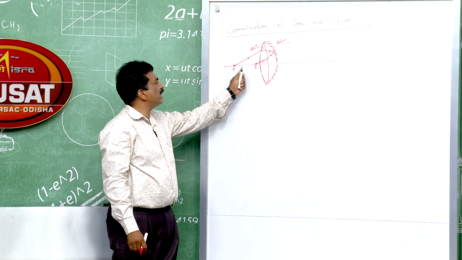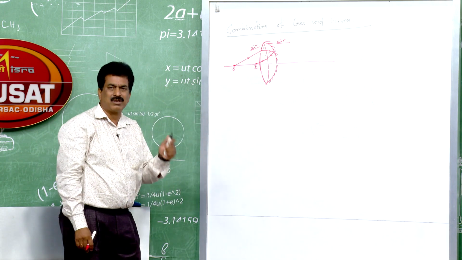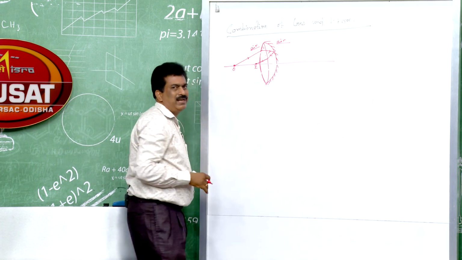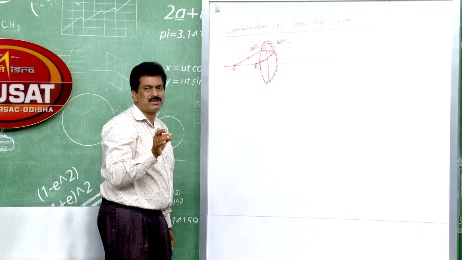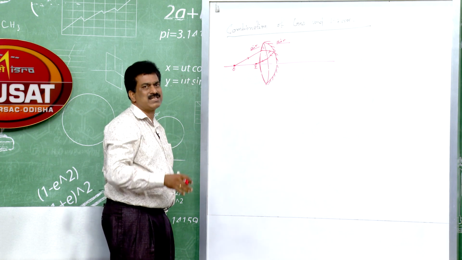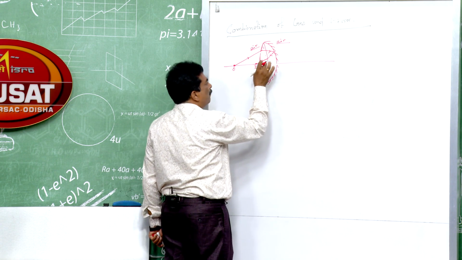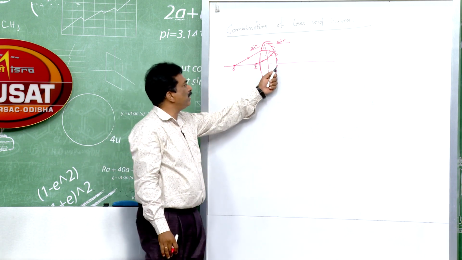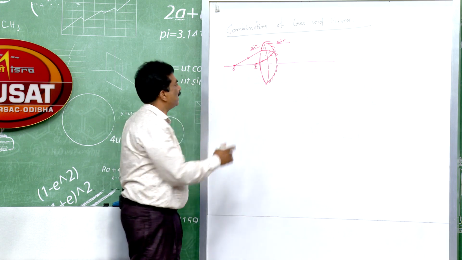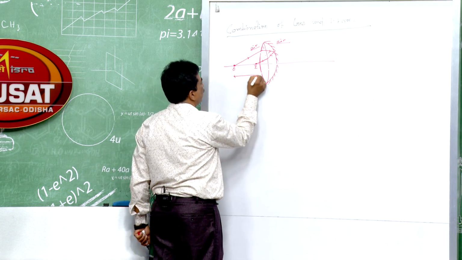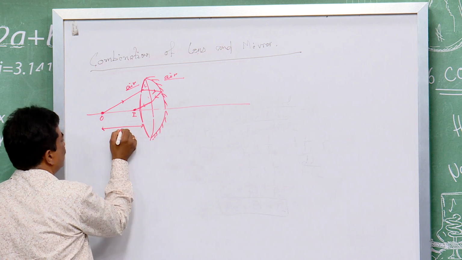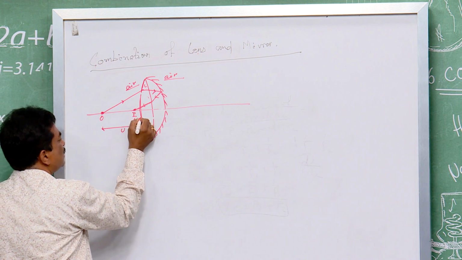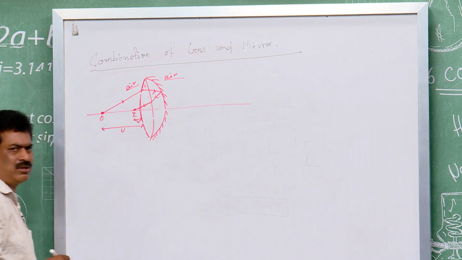When the object and the image are on the same side, the effective process it is producing is nothing but the process of the mirror. Not the lens, but it satisfies the process of the mirror. In case of the mirror, what will be the formula? That we know: this is the object, this is the surface, the object distance is u, this is the image, and this is v.